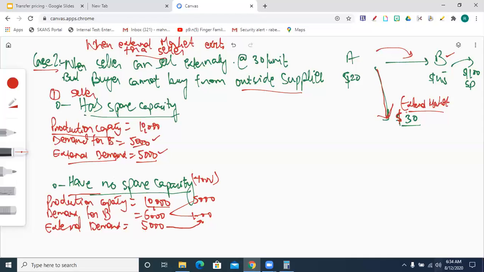And here, there will be a concept of contribution foregone as a result of our decision, because now we have to serve the demand for B, which is 6,000. A could sell externally at 30. If he had served the demand of this 1,000 externally, he would have obtained 30, and after incurring a variable cost of 20, by selling externally he would earn a contribution of 10.